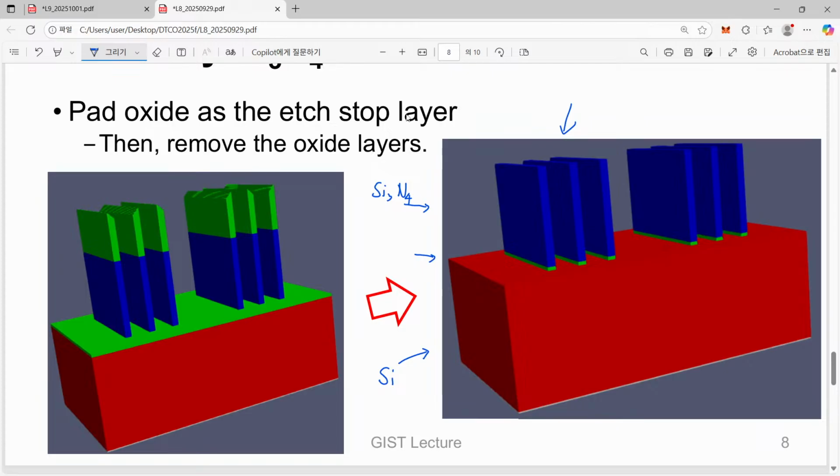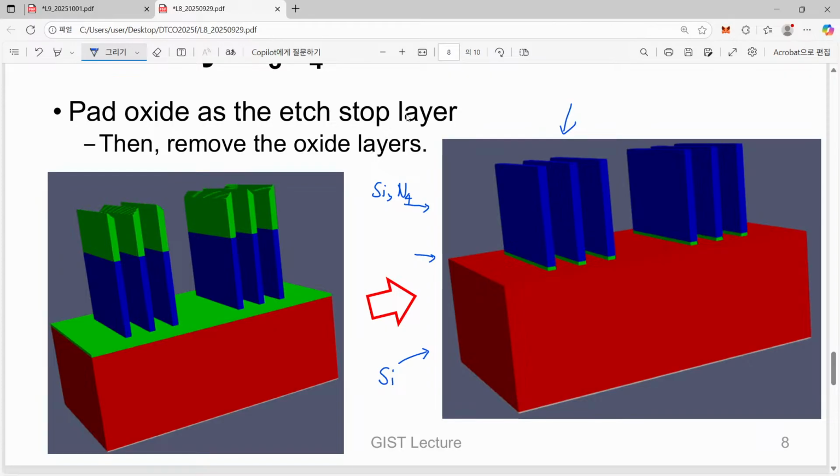When we look at the final structure of our previous lecture, we can find that we just transferred our initial structure in silicon dioxide into this silicon nitride hard mask. That was done.